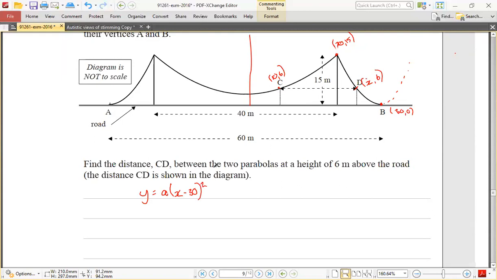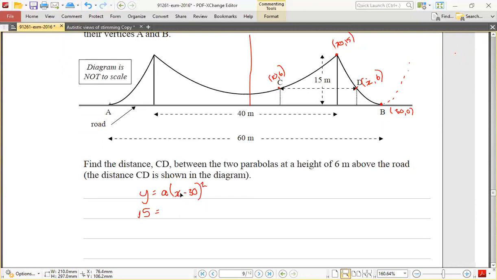Now you can put that point from the old parabola, the 20, 15. So we'd end up with 15 equals... Is it going to work just sticking it straight in?